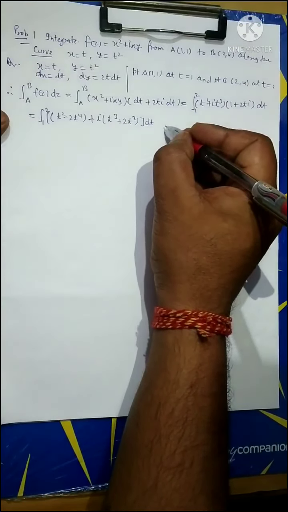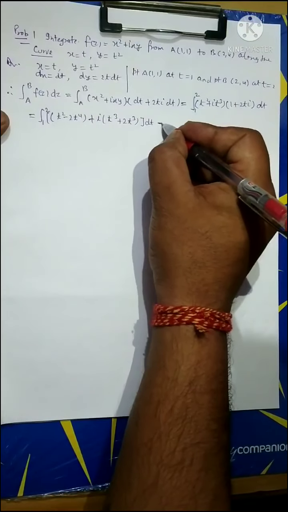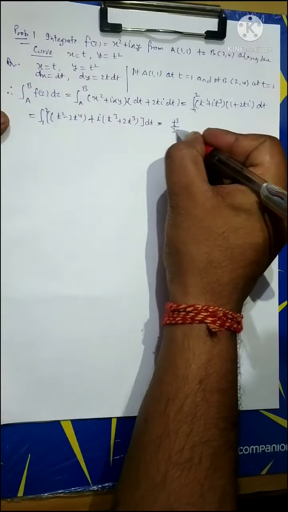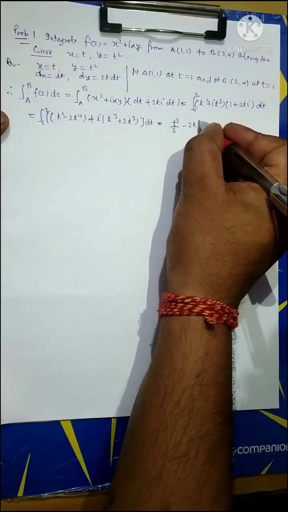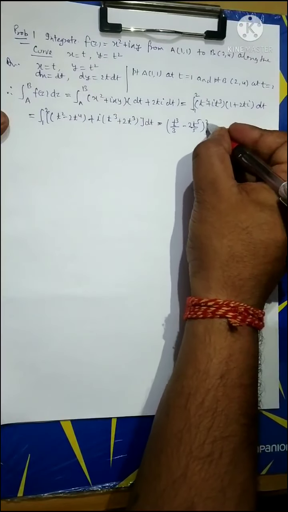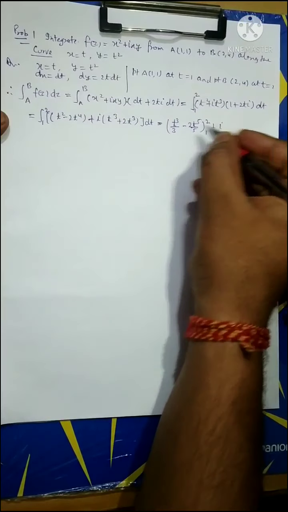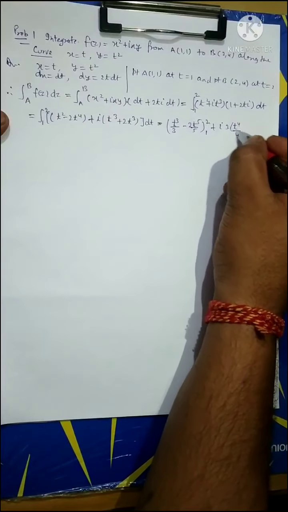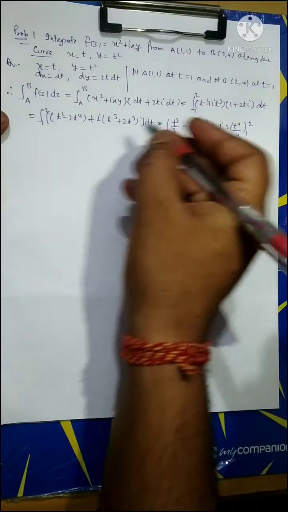This is equal to [t³/3 − 2t⁵/5] from 1 to 2, plus i[3·t⁴/4] from 1 to 2.